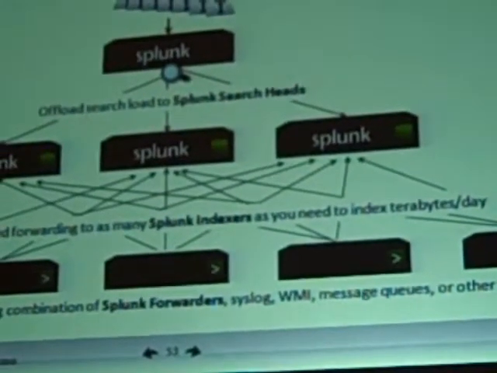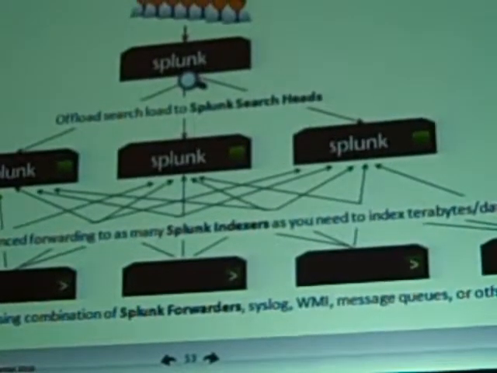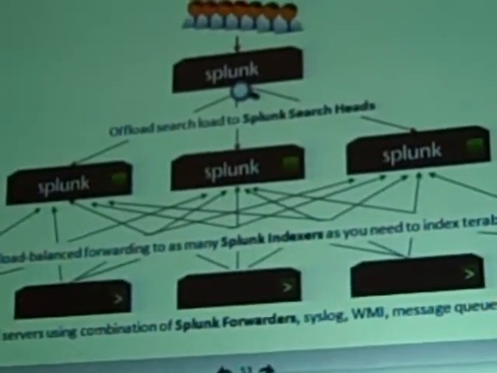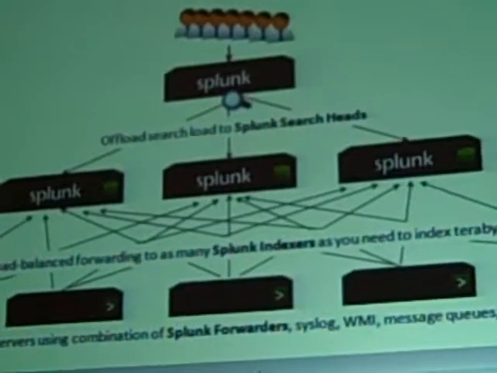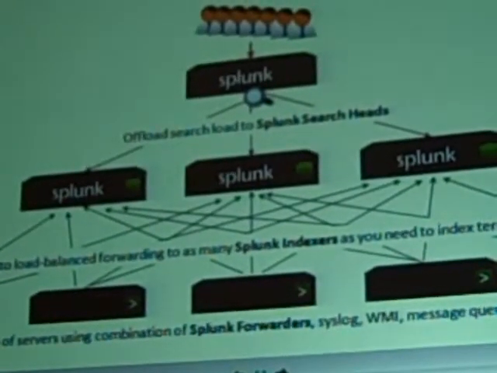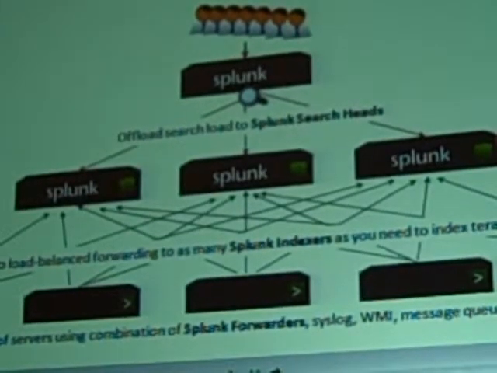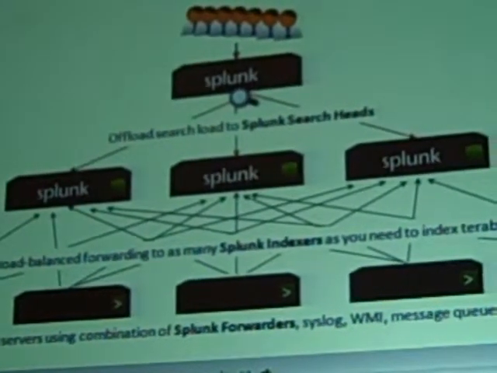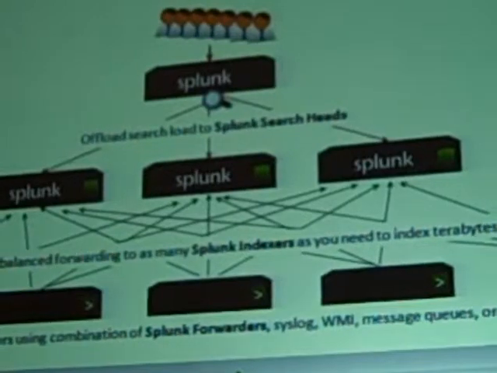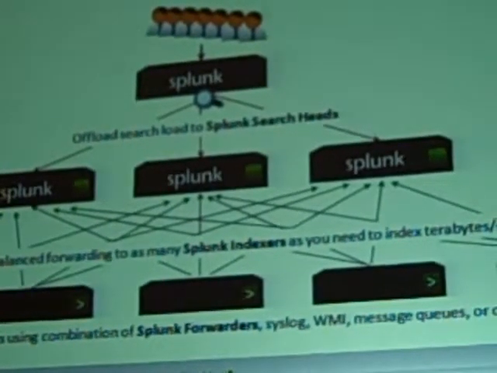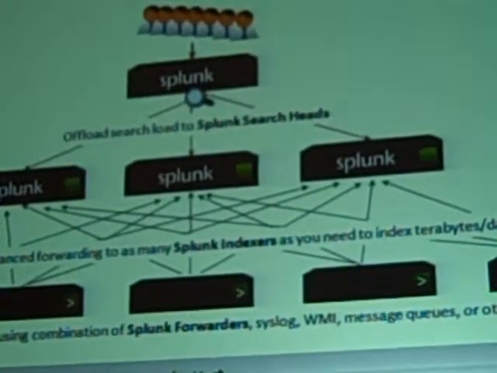Anyway, behind the scenes, and we'll get much more into this in the afternoon session, Splunk scales horizontally by being able to add as many indexers as you want and do distributed search, and most importantly, via MapReduce, distributed analytics.